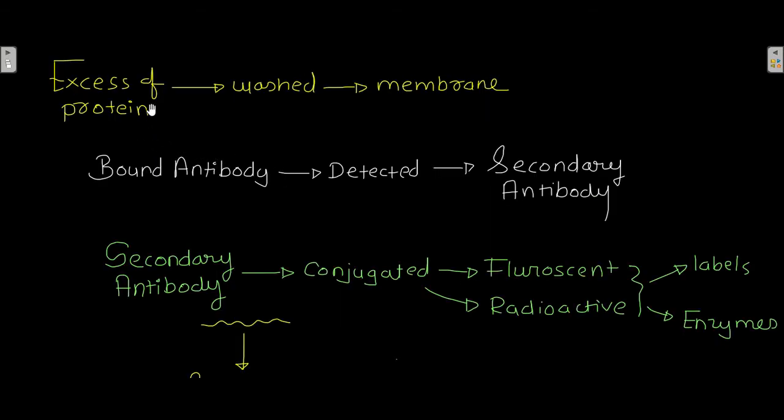After that, the excess protein is washed from the membrane and the bound antibody is detected by using a secondary antibody. You have the target protein, to that target protein the primary antibody is bound, and this bound antibody is then detected by using another antibody known as the secondary antibody.